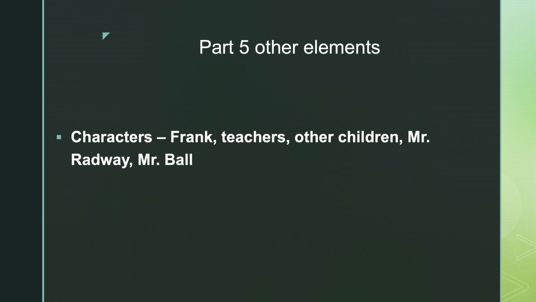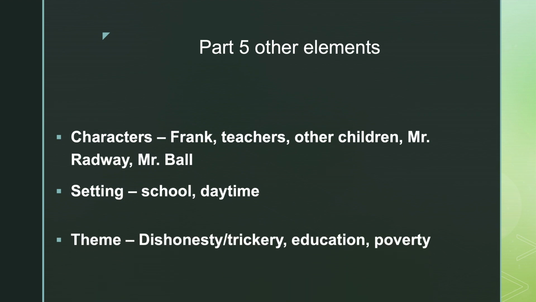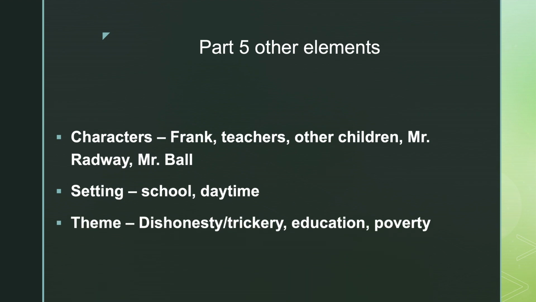The other elements of part 5, we have Frank, the teachers, the other children, Mr. Radway and Mr. Ball, who were the school inspectors. The setting is school and it's during the daytime. The theme here, dishonesty/trickery. Which character brings that out? We know by now who that is.